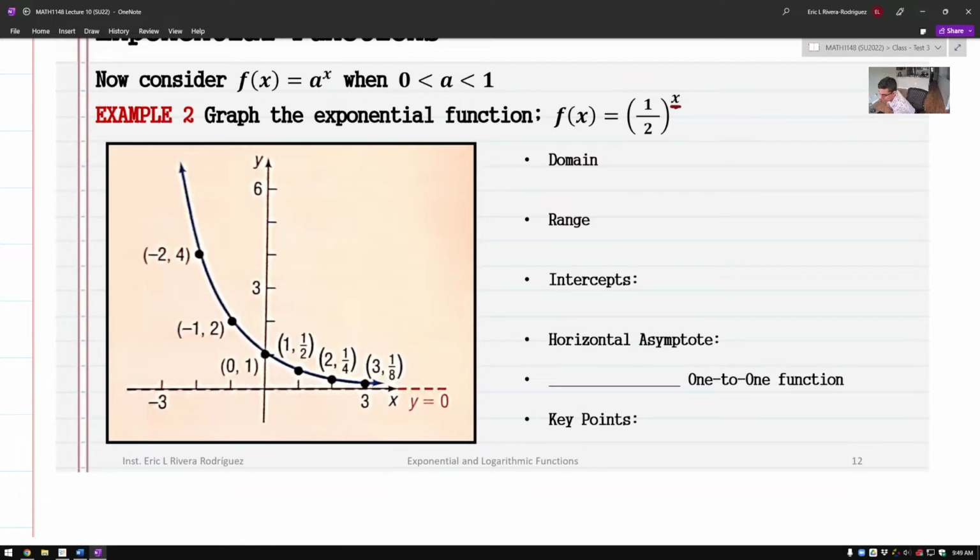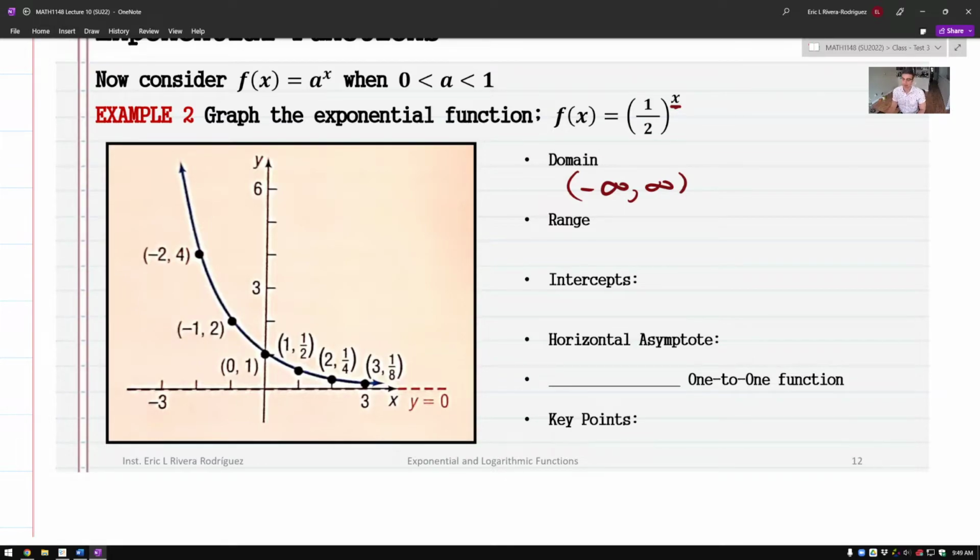Negative infinity to infinity. Correct. Remember, exponential functions do not have any restriction on the domain. The domain for all exponential functions is all the reals. So you are going to be sure always on that.